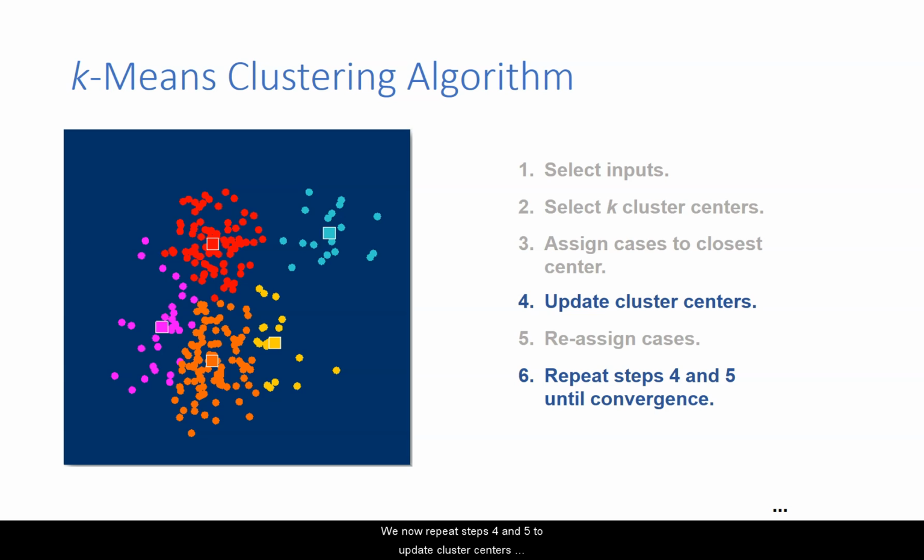We now repeat steps 4 and 5 to update cluster centers based on the new cluster structure, and reassign cases to clusters based on their distances to the updated cluster centers. As you can see in this case, the yellow cluster got even larger now. We now go through another iteration of updating cluster centers and reassigning cases.